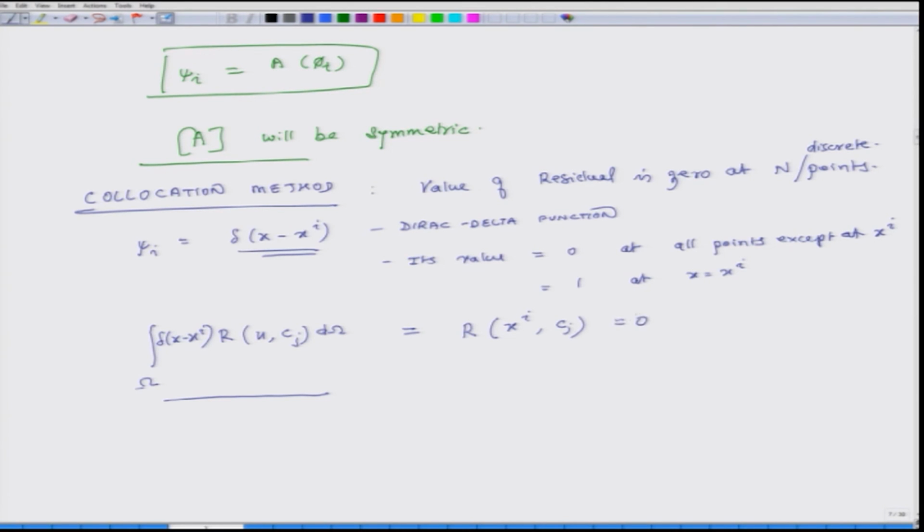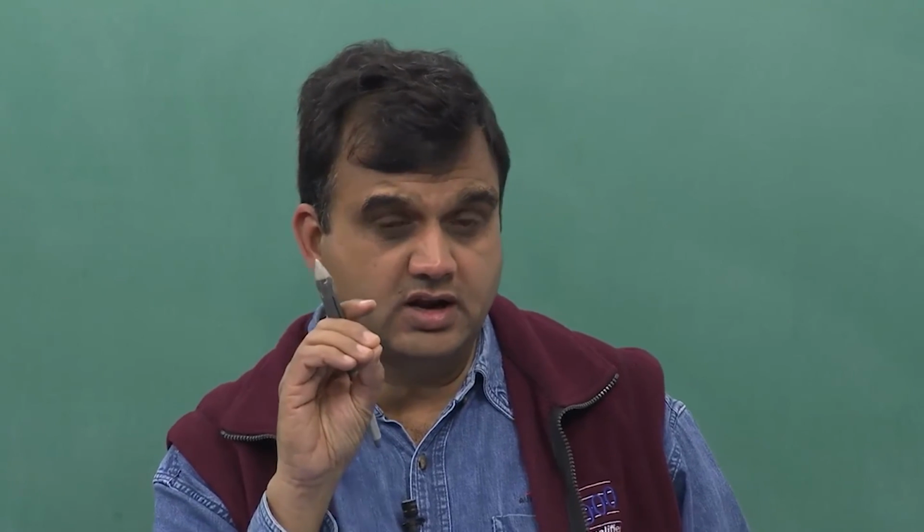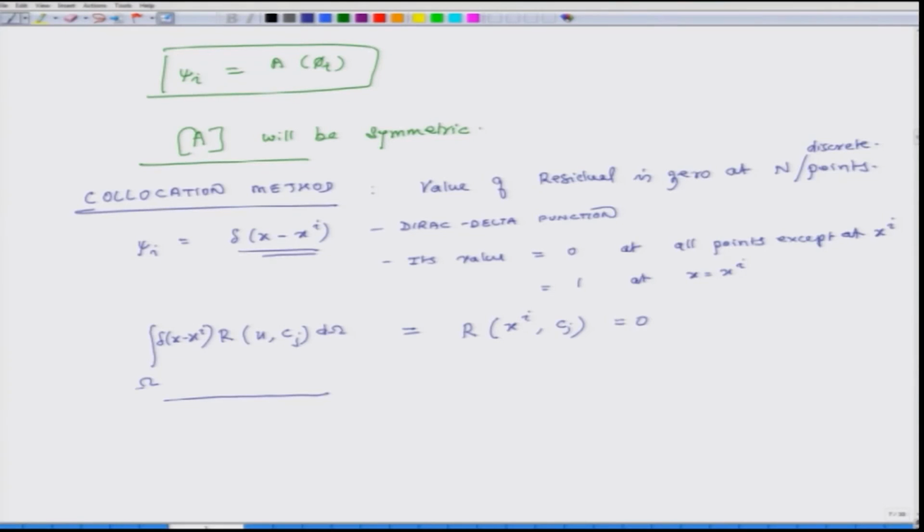So, this is equal to 0, because whenever you multiply a Dirac delta function by some function and integrate it, the integral is nothing but the function evaluated at that particular point. Okay. So, this is the condition for the collocation method.